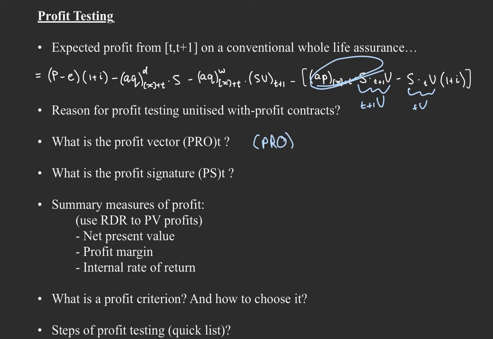When I index it with the T, then it's the Tth entry from the profit vector. And likewise, PS is the profit signature. It's also a vector. And when I index it with the T, then it's the profit signature from that year. Okay, so what is a profit signature? The profit signature is the vector of expected profits per policy issued.